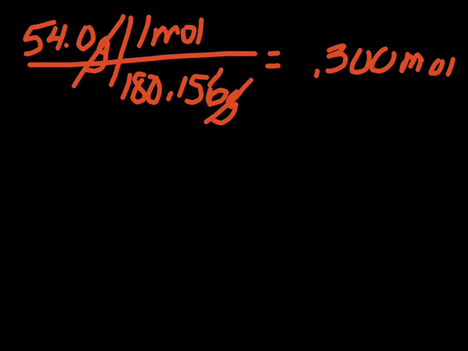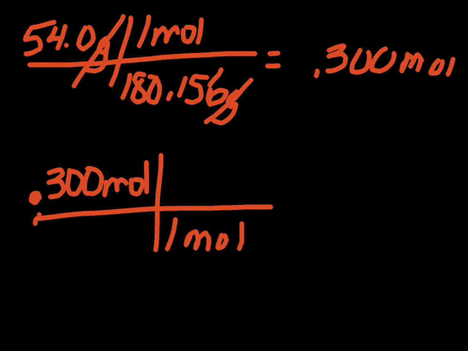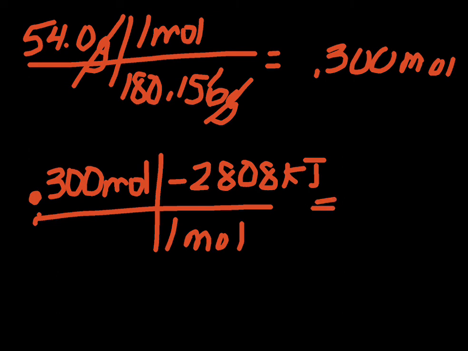Now, since we know how many moles of glucose are going into this, we know how much heat is going to be produced, because if we have 0.300 moles of glucose, we know that for every 1 mole of glucose, negative 2808 kilojoules are produced. So I'm going to take my 0.300 times my negative 2808, and I'm going to come up with negative 842 kilojoules.